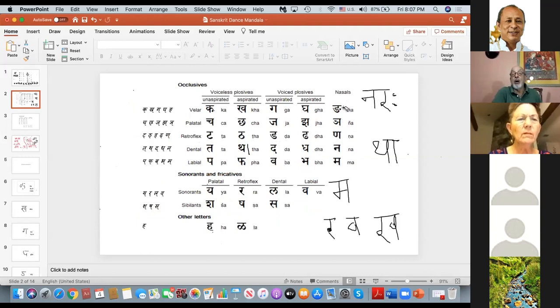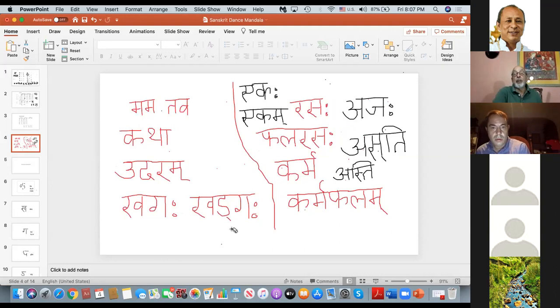Remember, this is na, and this is da. And this is what we have here, da, but it is without a sound, and therefore the vertical, the diagonal line is used.